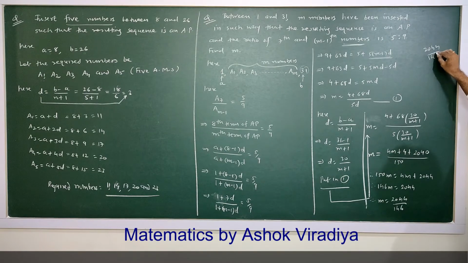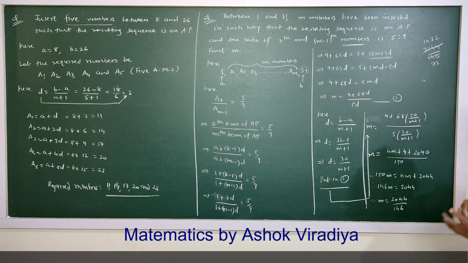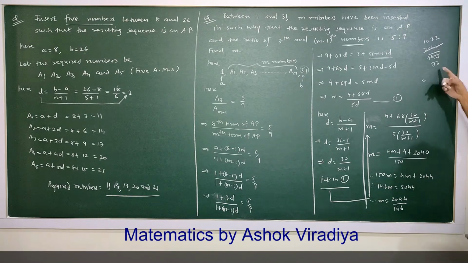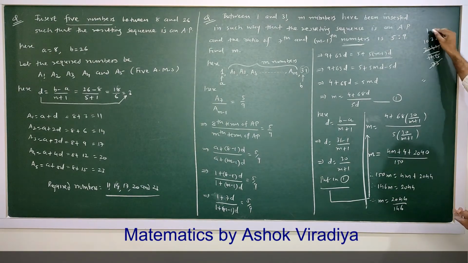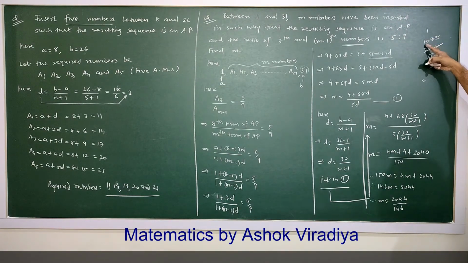Now, 2044 upon 146 is divisible by 2: 7 into 2 is 14, 3 into 2, 73 into 2 is 146, here 1022. Now, 73 is a prime number, 73 into 1 is 73. Now, how much is left? 102 minus 73, so 29 is left.